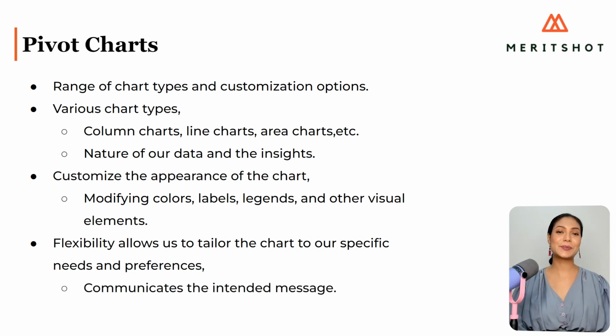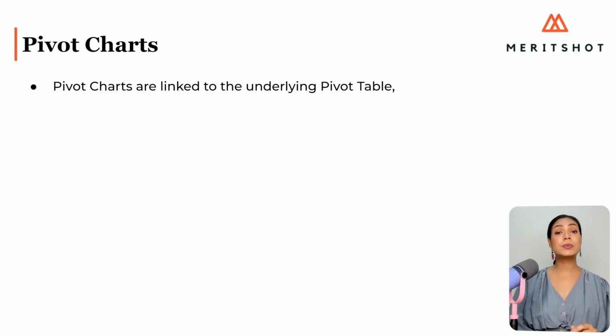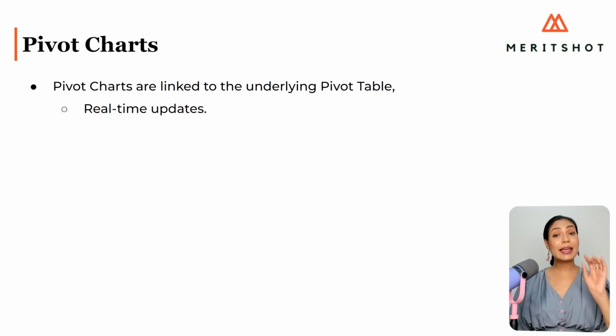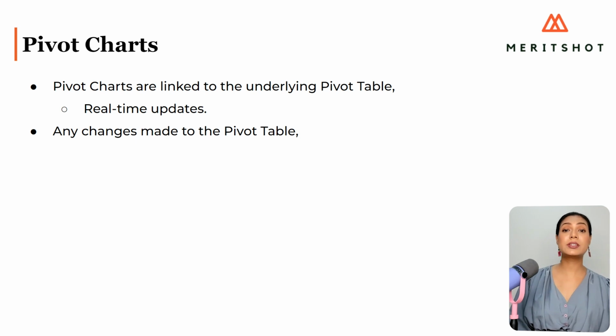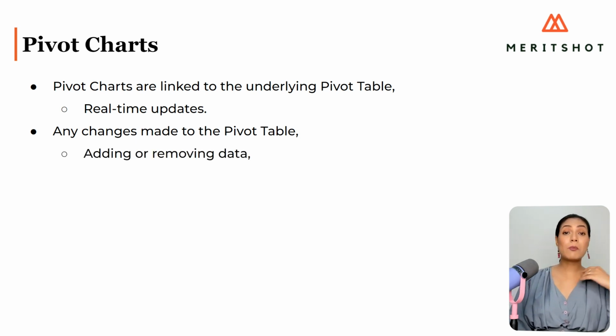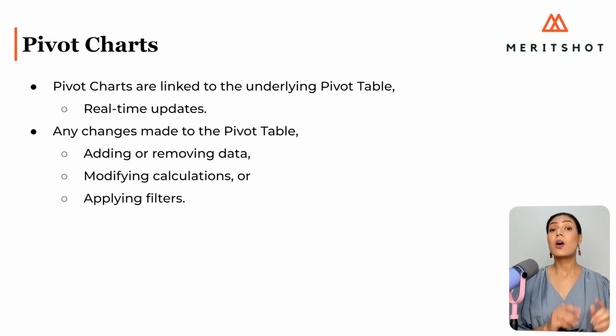Moreover, pivot charts are linked to the underlying pivot table, providing real-time updates. Any changes made to the pivot table, such as adding or removing data, modifying calculations, or applying filters, are automatically reflected in the pivot chart.